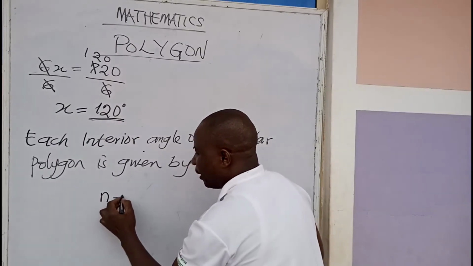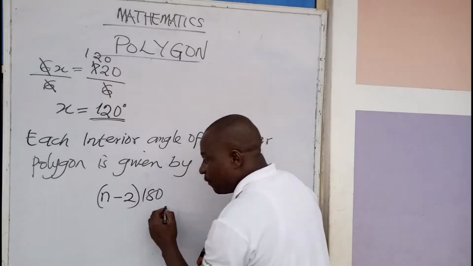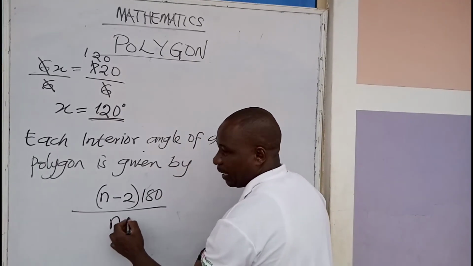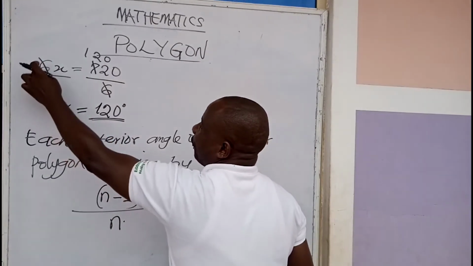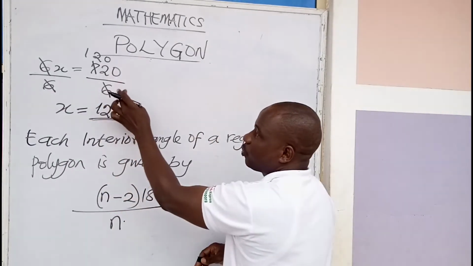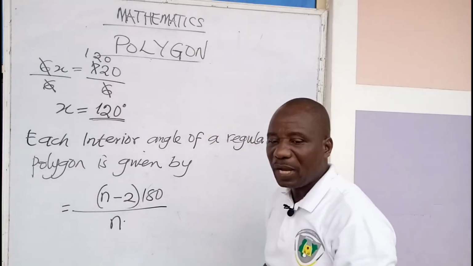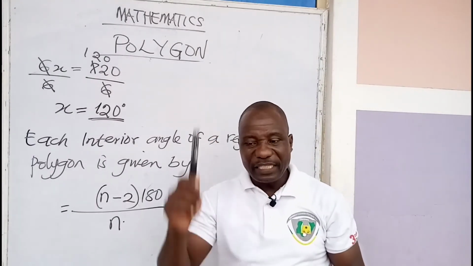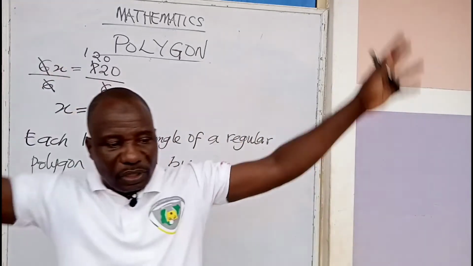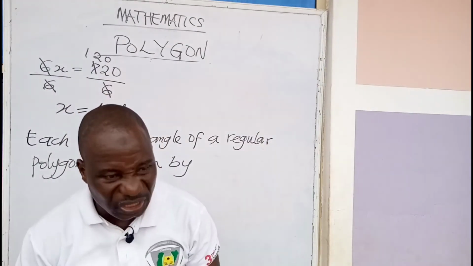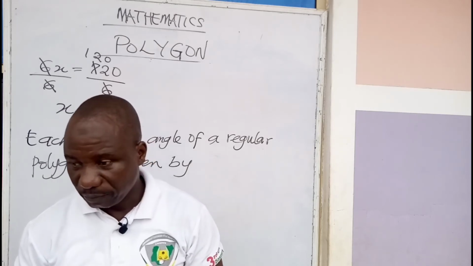That is (n minus 2), open and close the bracket, 180, divided by n. What is this 6 standing for? It's standing for the number of sides. So we have to divide by the number of sides. So that is the formula for each. If you are asked in the exam to find each interior angle of a regular polygon, you first of all find the sum total of the interior angles, then you divide by the number of sides. I believe I'm clear.